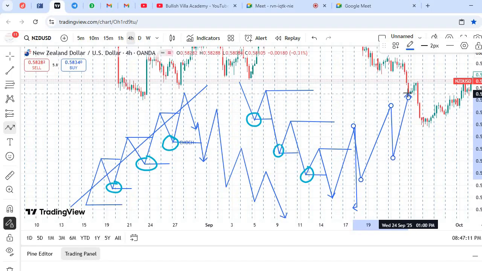That means we are now having an uptrend. Do we understand?